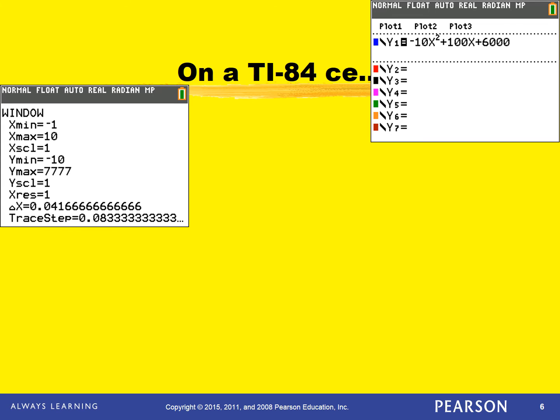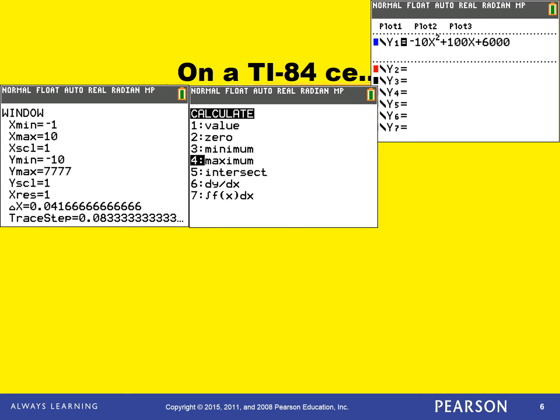And so we're going to have that parabola opening downward, and we're going to use a max feature to get an approximation to the coordinates of the vertex.